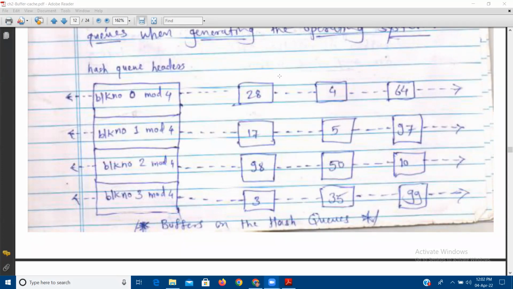That's why each node, each buffer is having one forward pointer and one backward pointer. So if anybody is having doubt, they can ask me, otherwise draw this diagram.